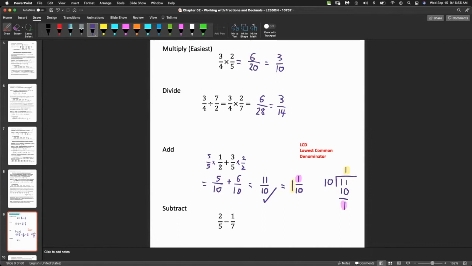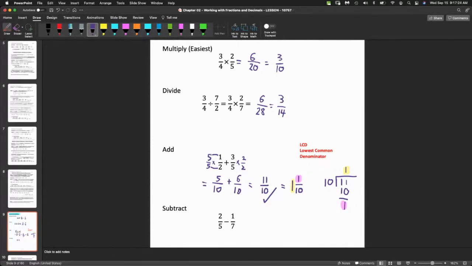The idea here is that I can't add these together unless the denominators are the same. These have to be the same number on the bottom. So what I say to myself is, this 2 has to turn into a 10. How do I turn the 2 into a 10? I multiply by 5. But whatever you do to the bottom, you have to do to the top to be fair.